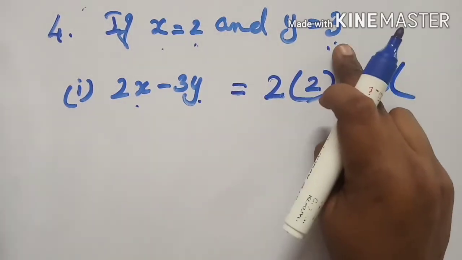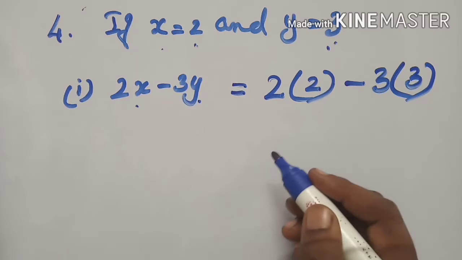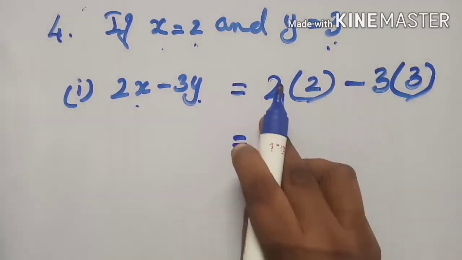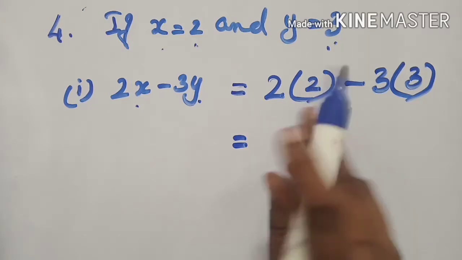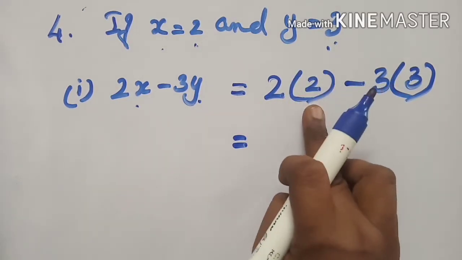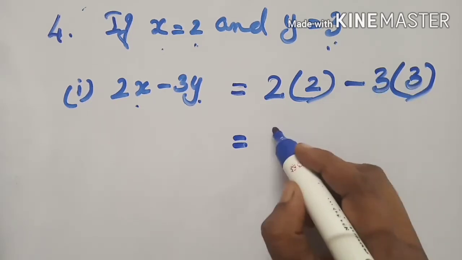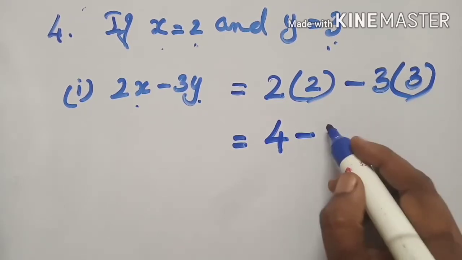What is the value of y? 3. Write the value 3 over here. A bracket means multiplication, as I already told you. 2 into 2, 2 2s are 4. Minus 3 3s are 9.